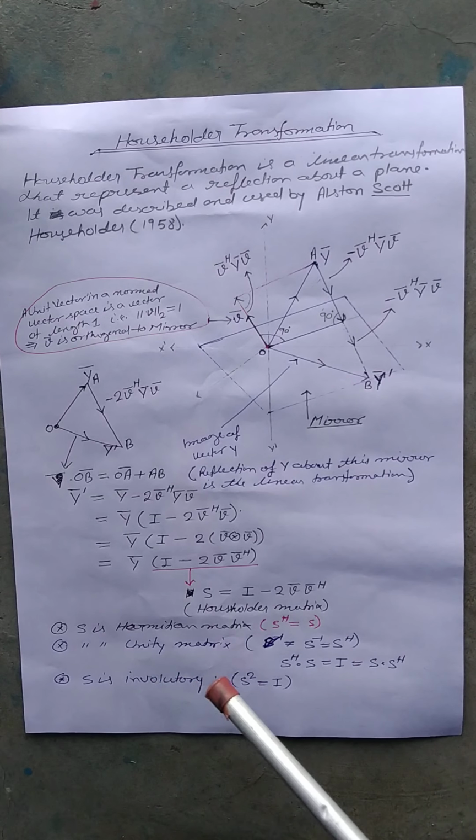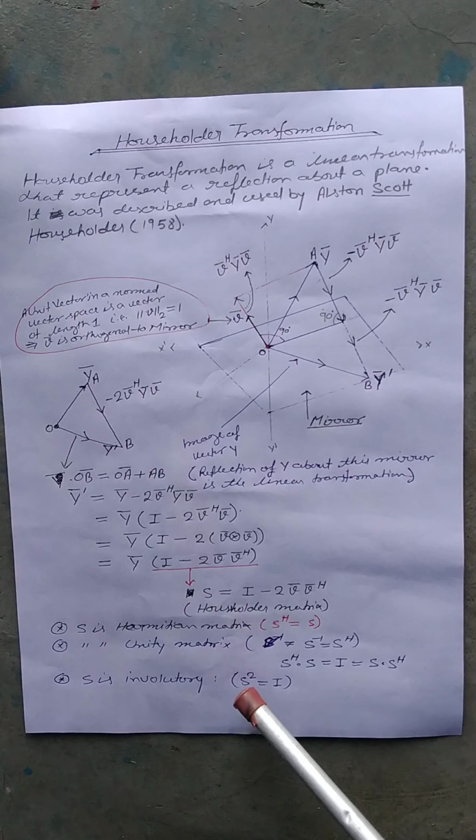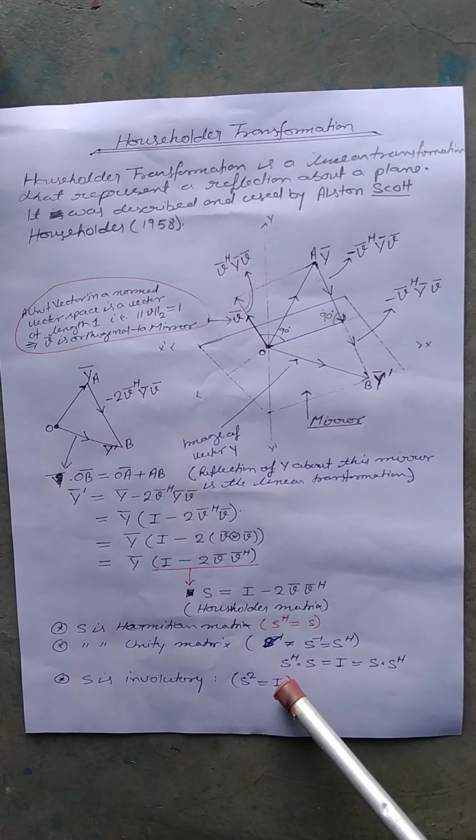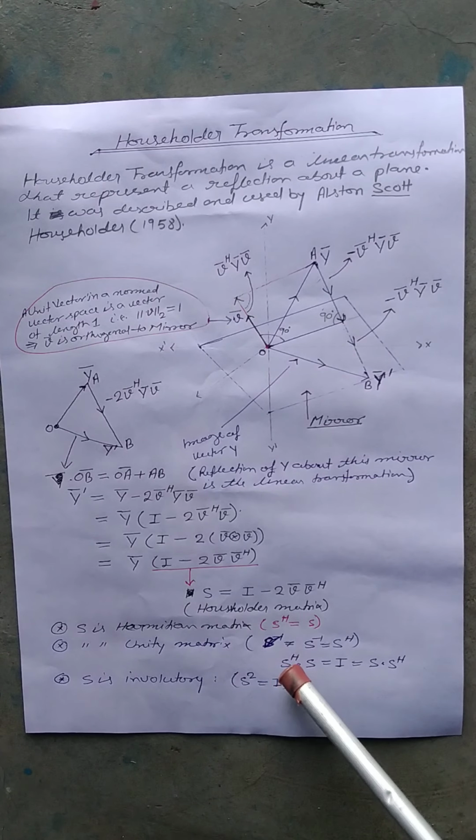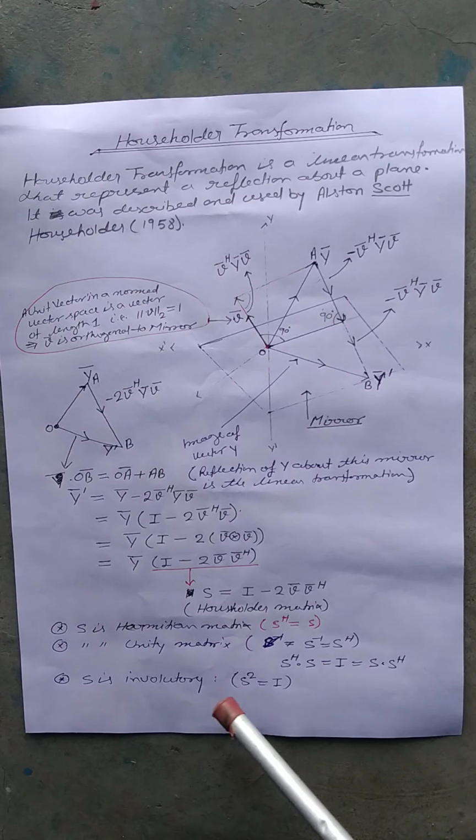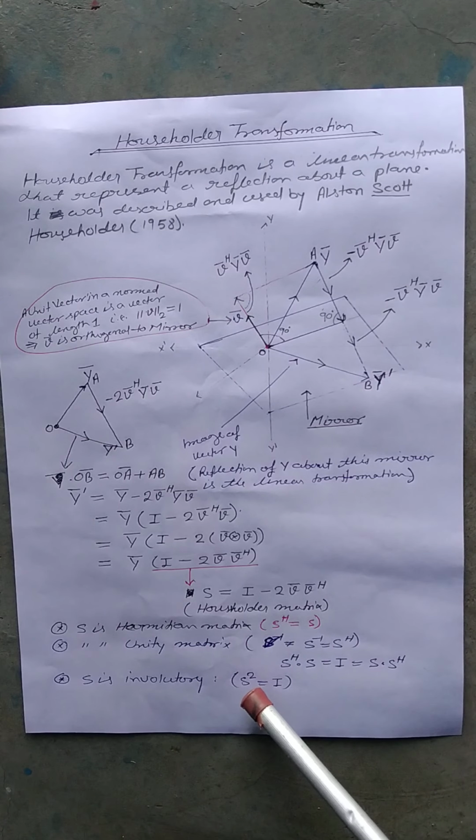This matrix is an involutory matrix also. It means the square of the Householder matrix is the identity matrix. By this involutory matrix property, we can say that the matrix has only two eigenvalues, one is -1 and the other is 1.